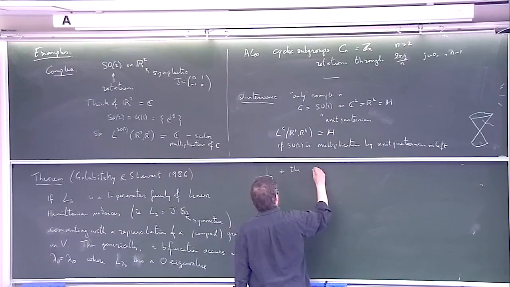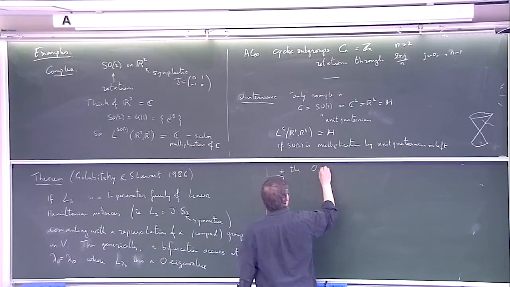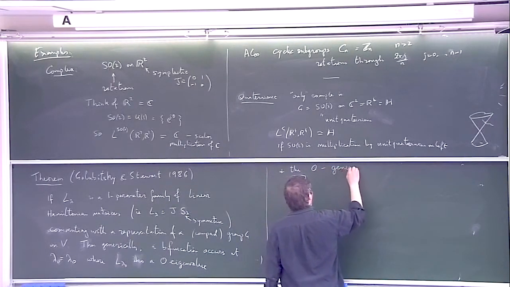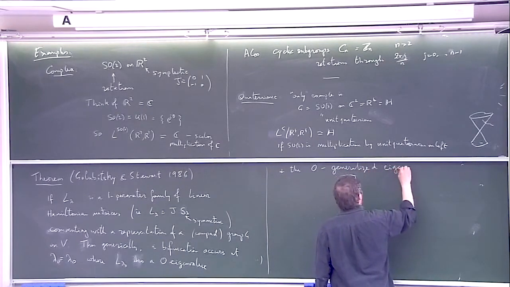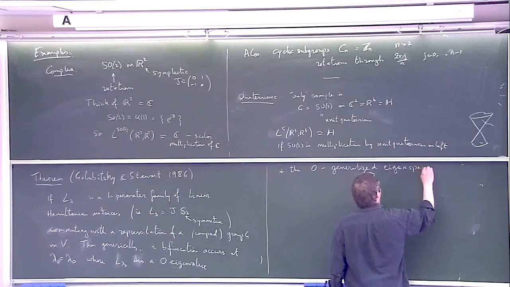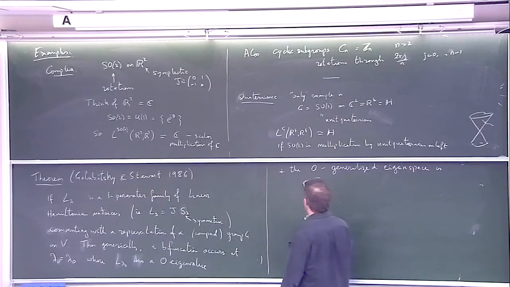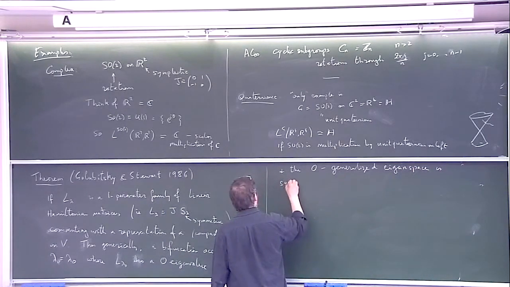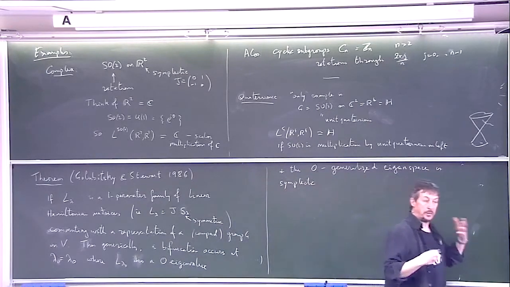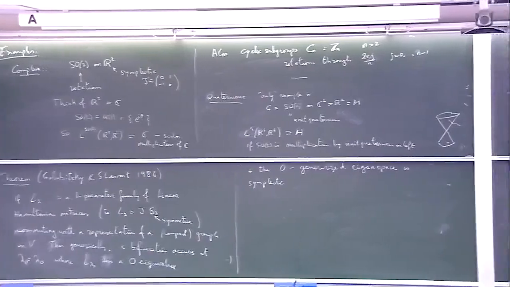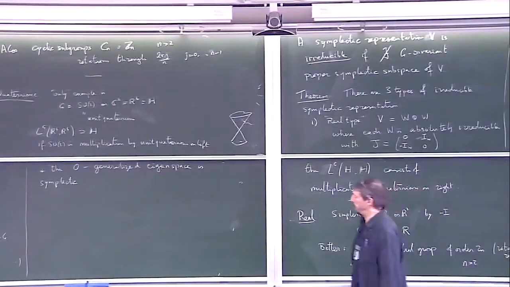And the 0 generalized eigenspace is symplectic. Generalized means you take powers of L in case there's a nilpotent part.